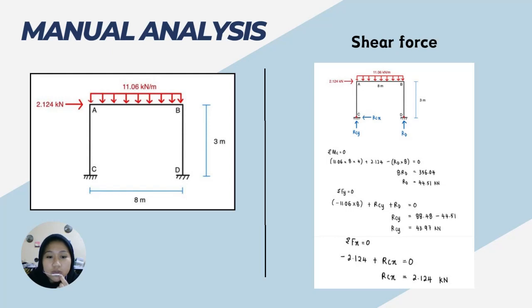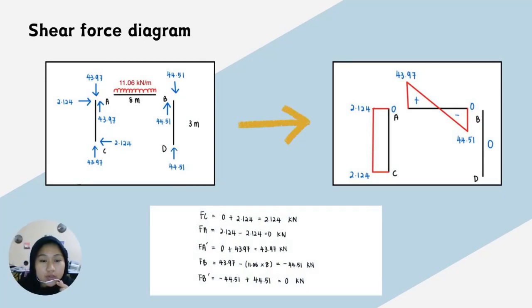First, for the shear force, we will calculate the value of reaction, which gives the value of horizontal reaction and vertical reaction. For horizontal, RD we got the value of 44.51 kN and RCY is 43.97 kN. For the vertical, we got a value of 2.124 kN. After finishing the reaction calculation, we will continue with the shear force calculation.